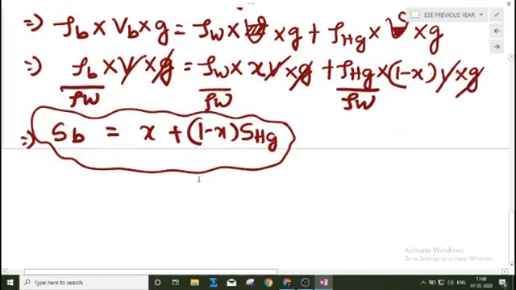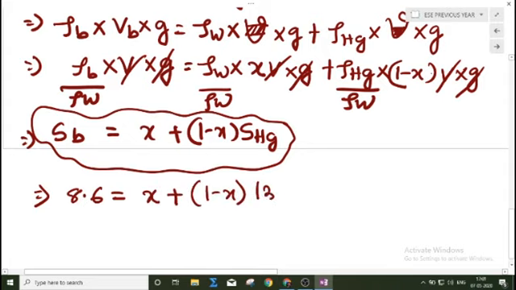What is the specific gravity of the body given to you? That is 8.6. So 8.6 equals x into 1, plus 1 minus x into 13.6. Now if you solve this, x is coming out to be 0.396.